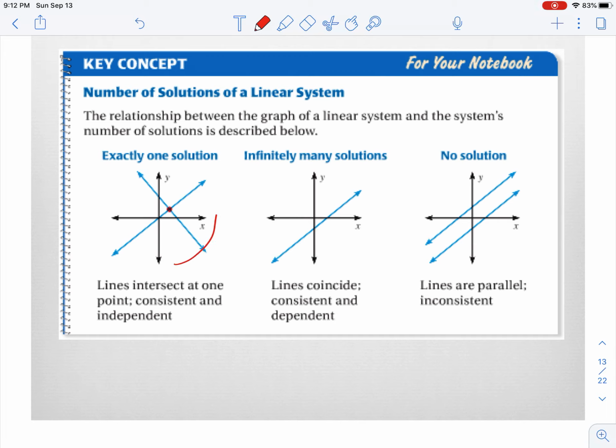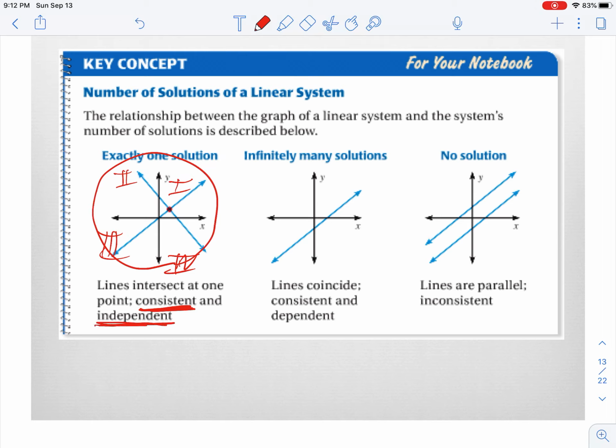If two lines intersect like this, and it may not be in the first quadrant, it may be in any of those, what we say is when they intersect like that, there's exactly one solution. And that means that they are consistent. So when they intersect, we call that a consistent system of equations.